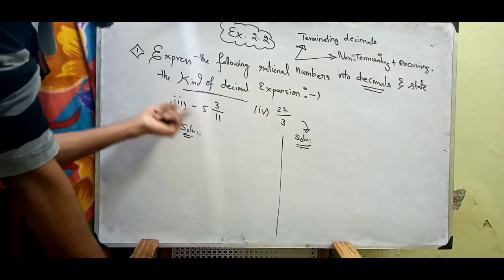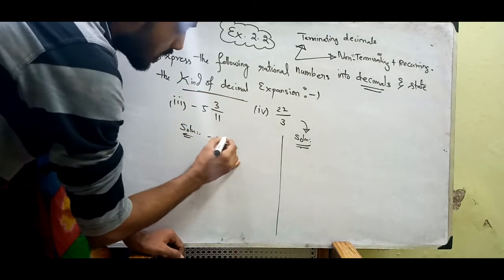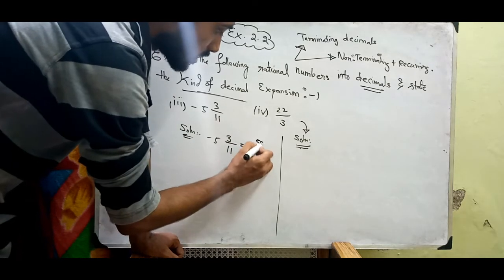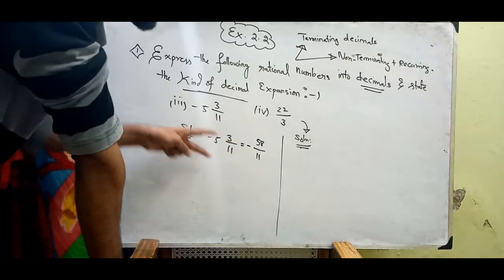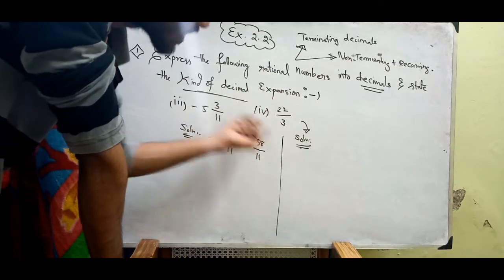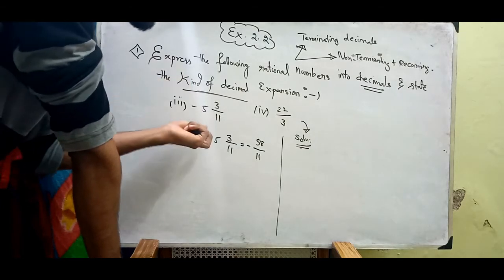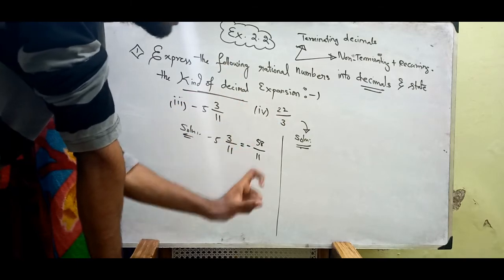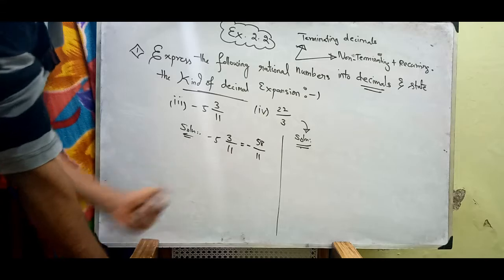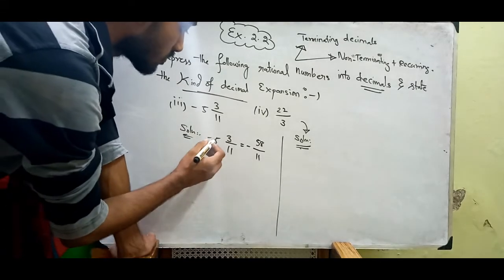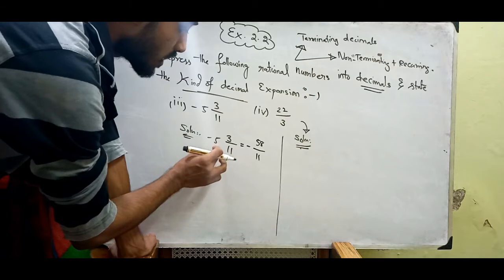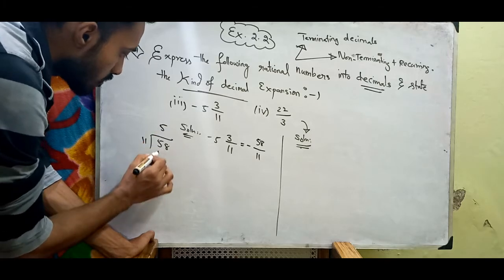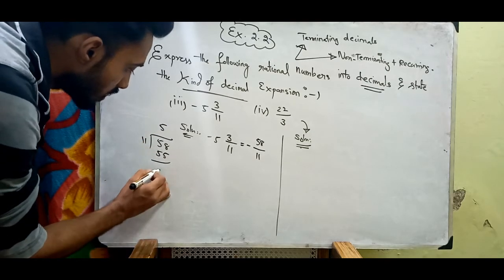Let us say the given number is a mixed fraction, and this can be converted into, say, minus 11 5s are 55, 55 plus 3 is 58 upon 11. The mixed fraction is expressed in terms of rationals. Not every mixed fraction is a rational number, but every rational number can be expressed as a mixed fraction. It is not the converse. Now divide this: 11 5 times 55, remainder we have 3.